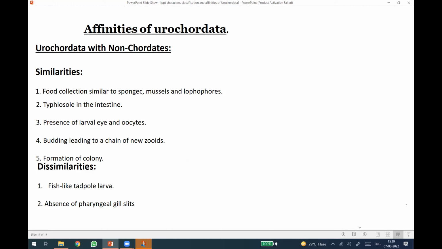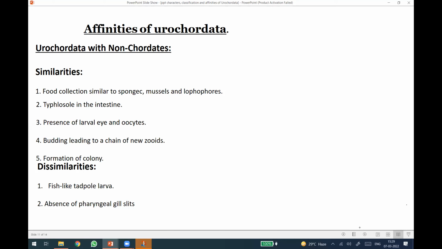Their affinities with the non-chordates are as follows: food collection similar to sponges, mussels, and lophophores; typhlosole in the intestine like the annelids; presence of larval eye and oocytes like the mollusks and echinoderms; then budding leading to a chain of new zooids. This is the polymorphism type of structure of Coelenterata, and colony formation is there. This is also a polymorphic condition, which may be compared to that of the coelenterates.